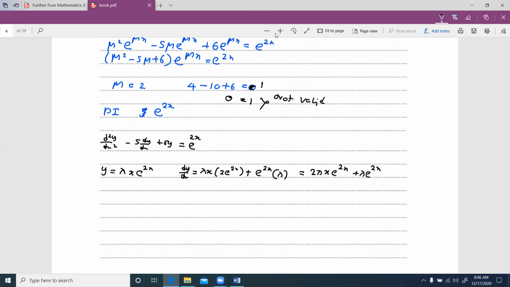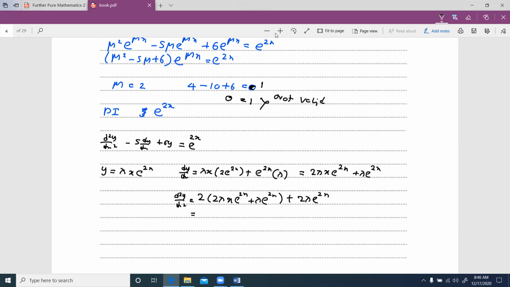Right? Then if you go into the second differentiation, d squared y by dx squared. If you do it again, we are differentiating this bit of it. That is similar to lambda, twice of this amount. So it turns up to twice of 2 lambda x e to the power 2x plus lambda e to the power 2x, plus, if you differentiate this bit, 2 lambda e to the power 2x.